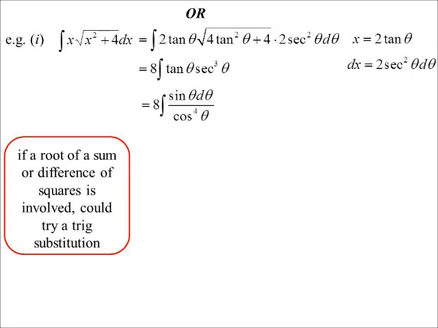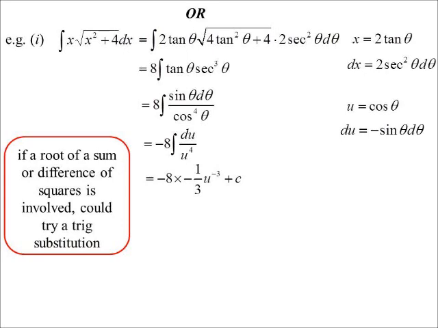And then I can do another substitution. Let u equal cos theta, so du is minus sine theta d theta, and it becomes minus 8 du on u to the power of 4. Well, that's just u to the power of negative 4. Add 1 to the power and divide by the new power, and I've got my answer.